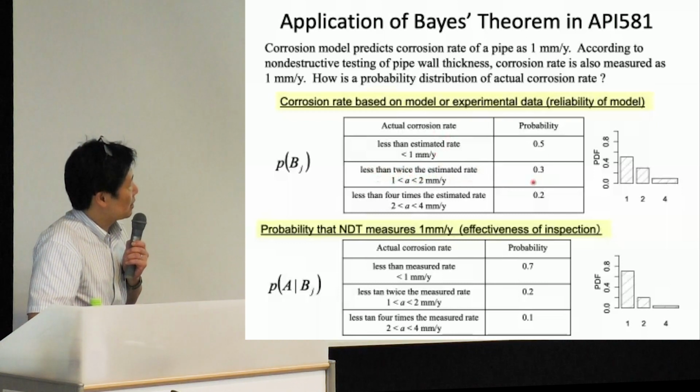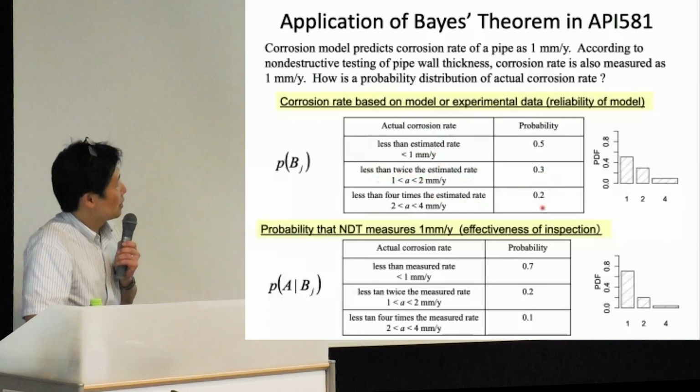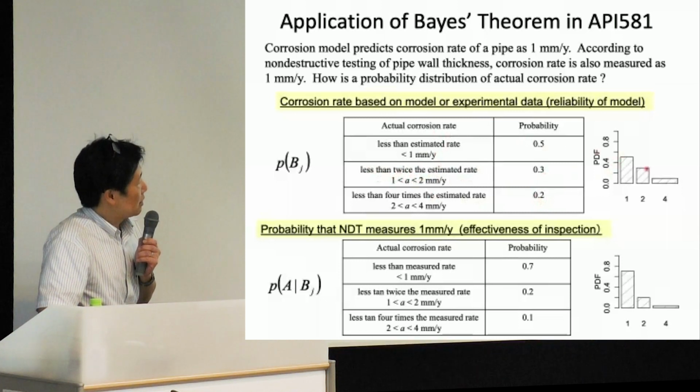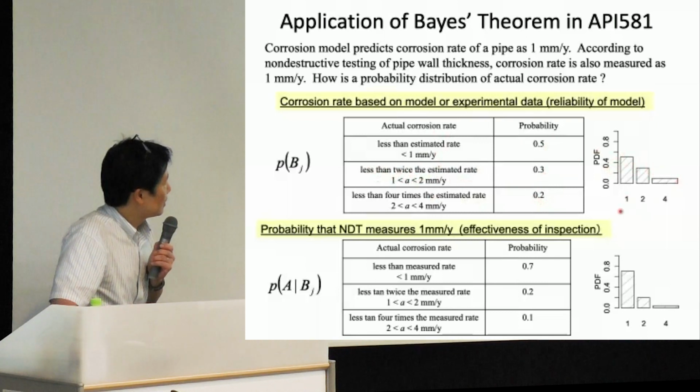This probability we set at 0.3, and for 4 times we set 0.2. In this way, we define the probability density function very roughly.